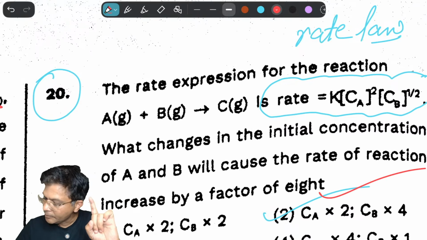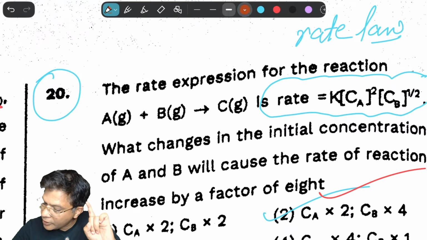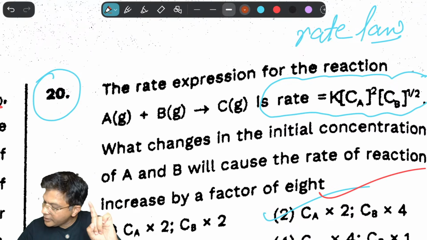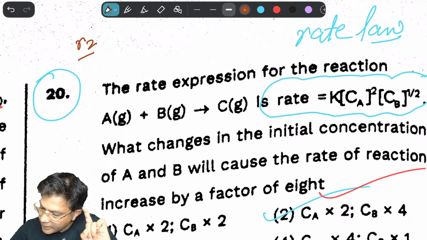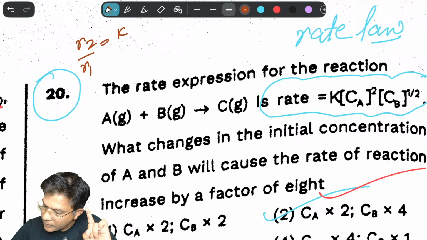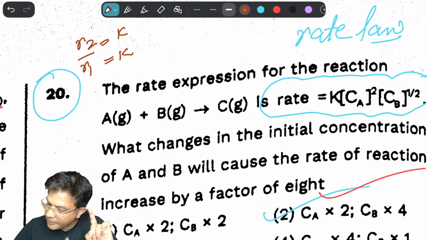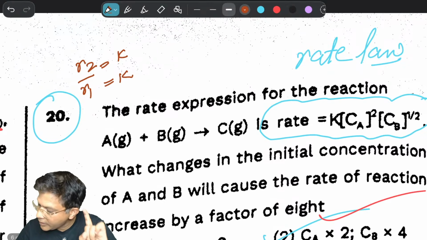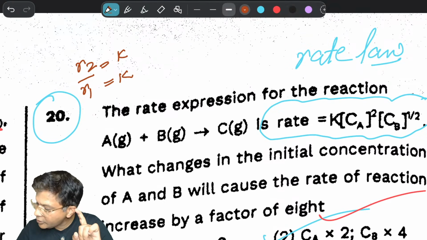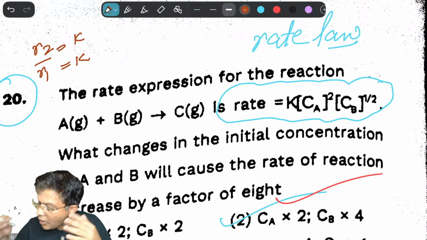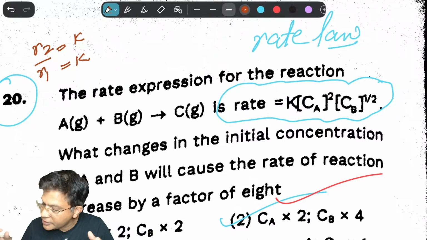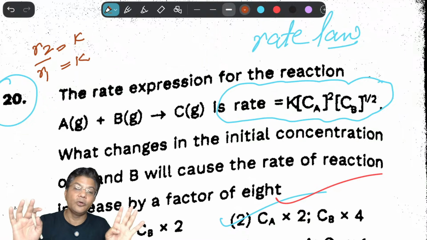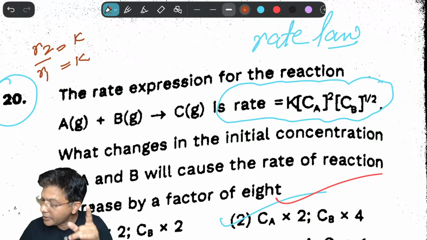Just see. Let me write down R2 by R1, and they are saying rate. R2 by R1, K, this is also K because K will remain constant. For R2 we don't know how much concentration we should apply, so what you are supposed to do is hit and trial.